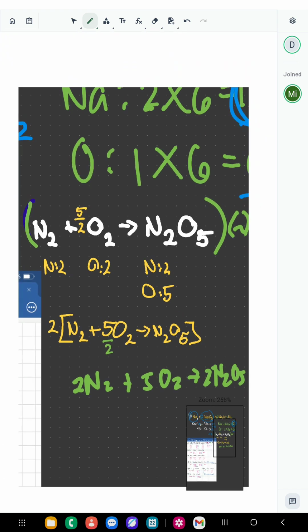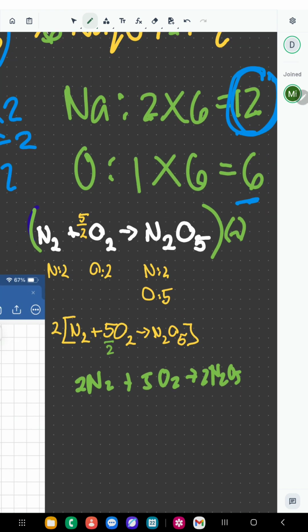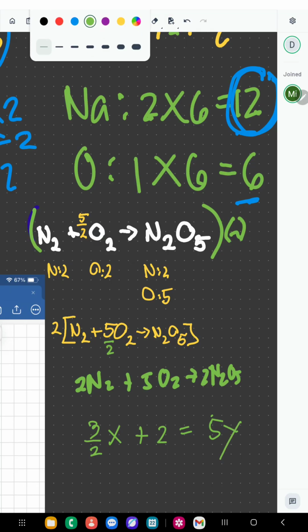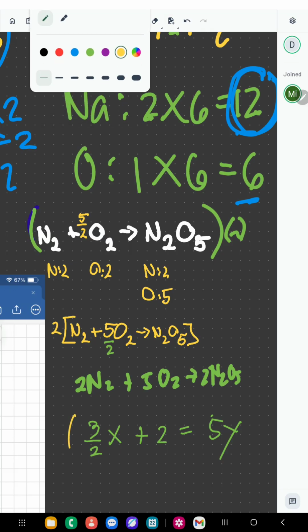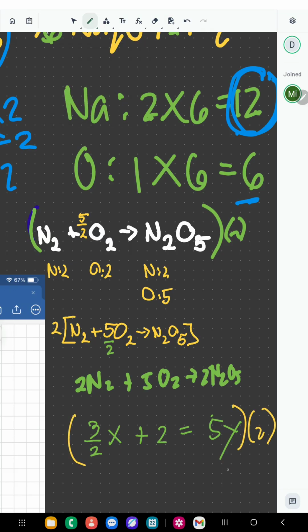Like, let's say, 3 halves x plus 2 equals 5y. You want to get rid of the fraction 1/2, so that means you multiply both sides by 2. All of the same with algebra. So this would become 3x plus 4 equals 10y. It's the same as that.